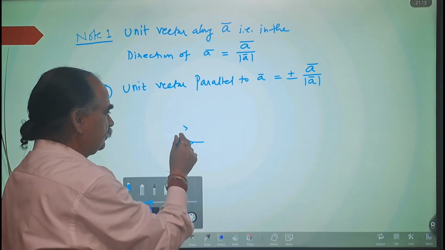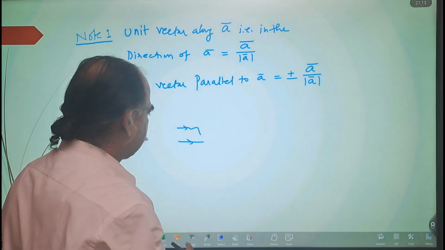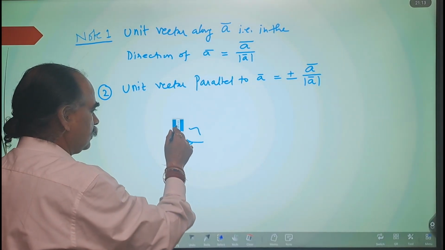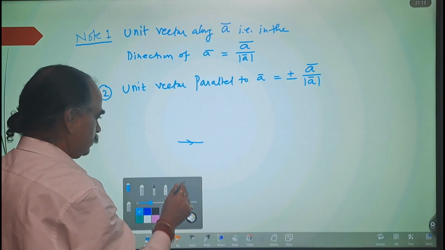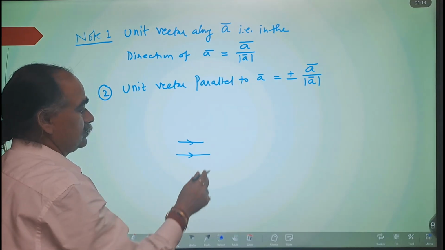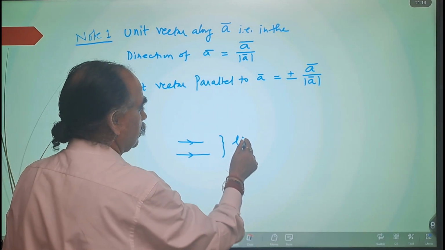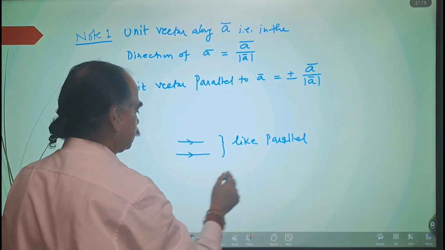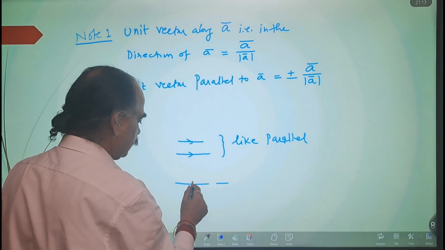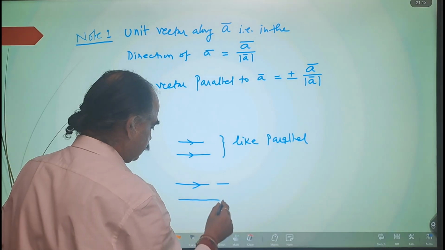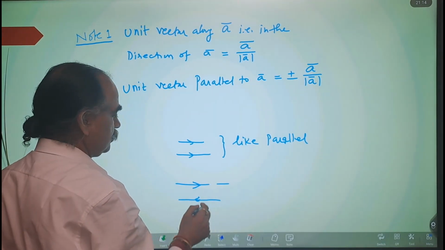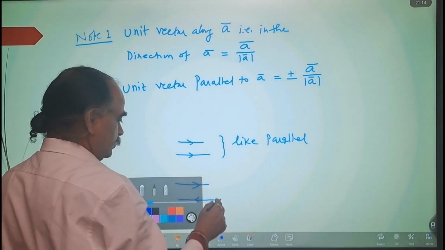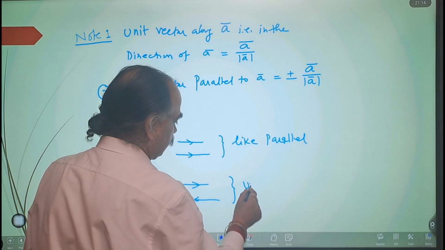Whenever vectors are parallel and are in same direction, then it is called like parallel. And whenever vectors are parallel but are in opposite direction, they are known as unlike parallel.